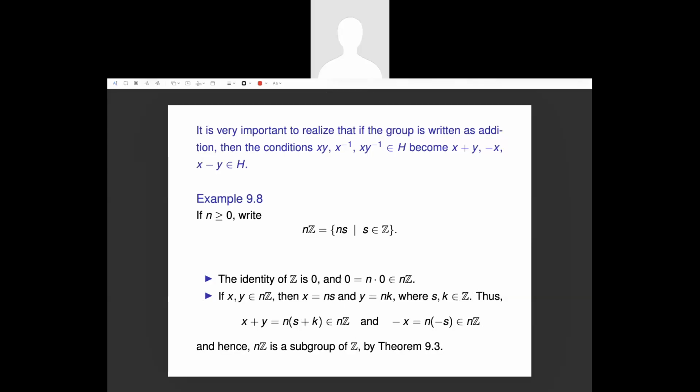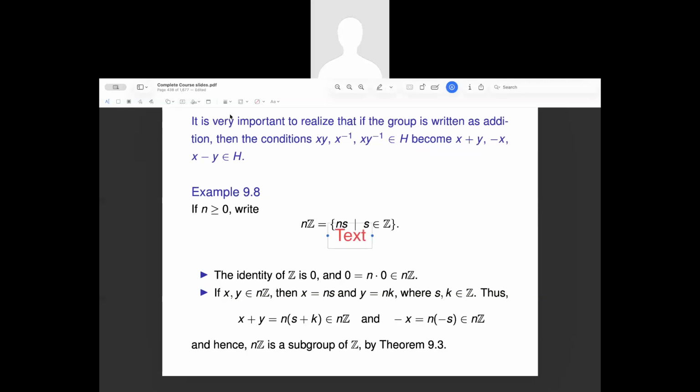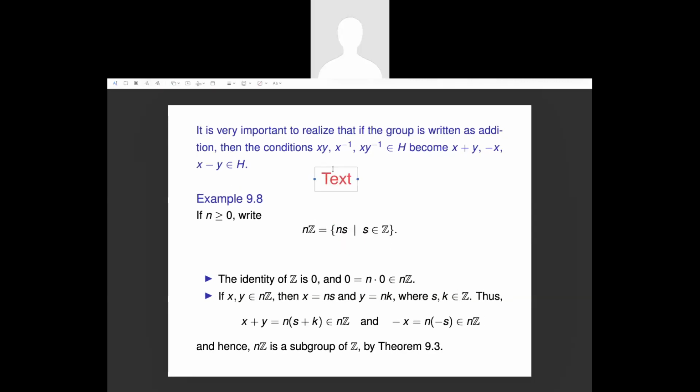Or if you want, we can use the previous condition also. So x minus y can be written as n s plus n of minus r.